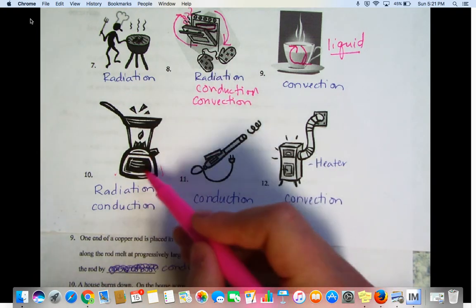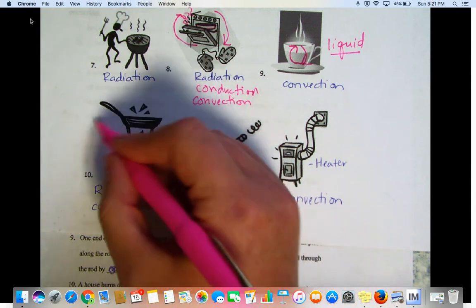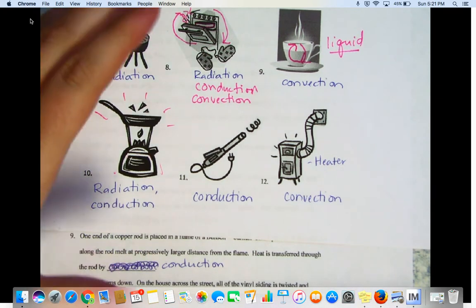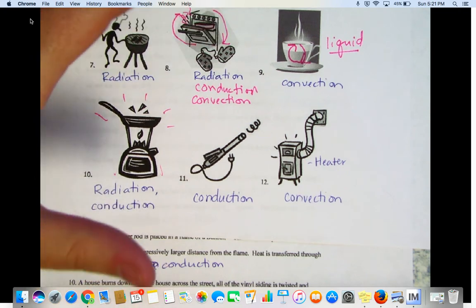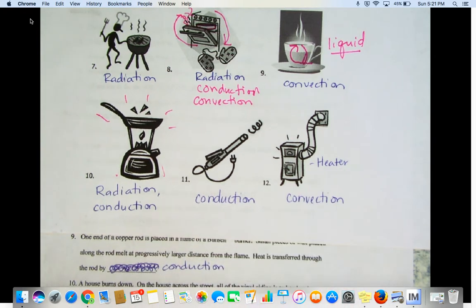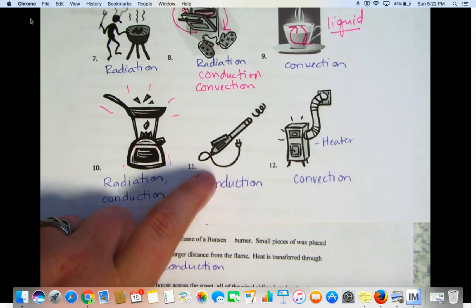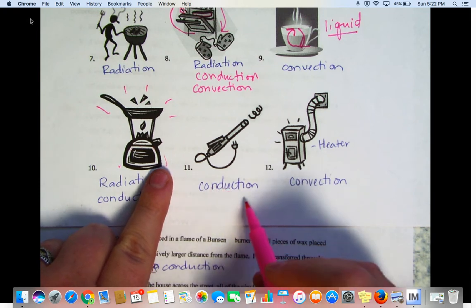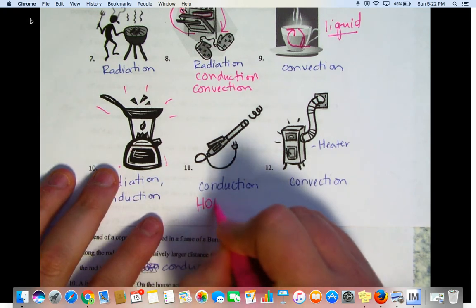I'm not exactly sure what that is. And radiation would be me feeling the heat off of that guy without putting my actual hand on it, just feeling the heat from around. Okay. When I curl my hair, heat from the curler touching my actual hair. Conduction. Remember, here I go from hot to where?